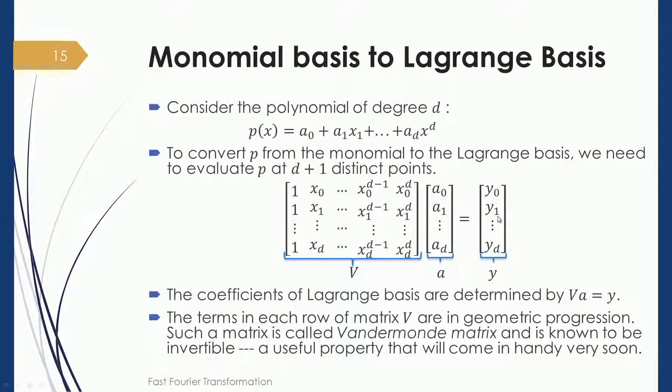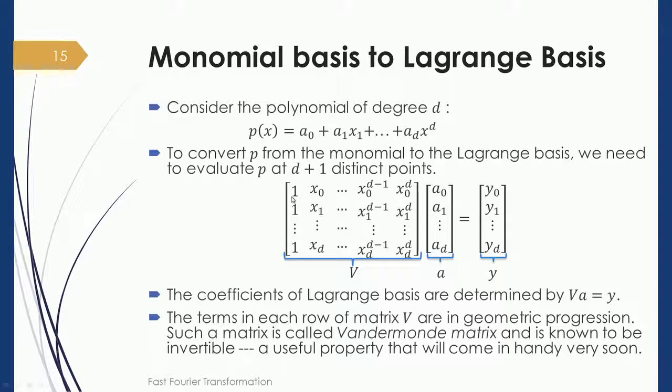And this evaluation can be achieved by the vector product. So, suppose for example, we want to evaluate this polynomial at x sub 1, what we need is the vector product of this row times this column.